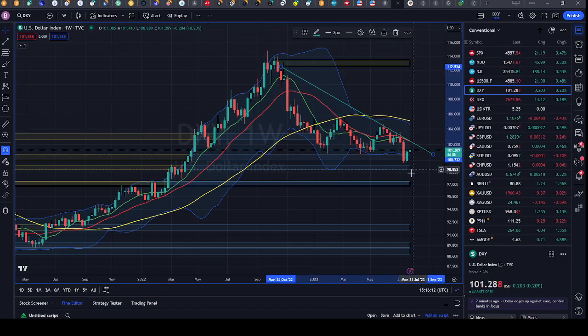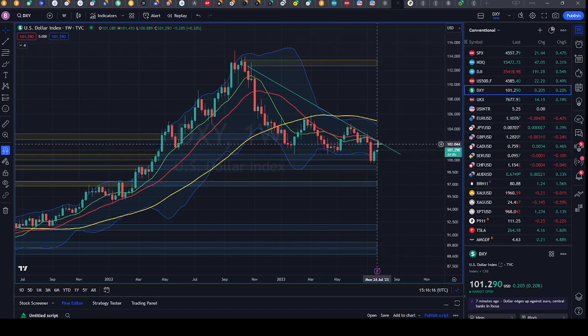So I'm not at all surprised to see a bit of a bounce here. I wouldn't be surprised to see it even come back up to this line, which happens to coincide perfectly with the mean reversion here, the center of the Bollinger Bands on the weekly, the 20-week moving average. So we'll likely get a bounce here, but ultimately the structure is pretty bearish. I mean, lower high, lower low, lower high, lower low, lower high, lower low.